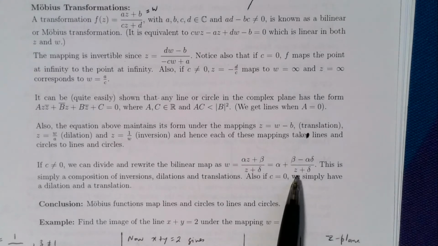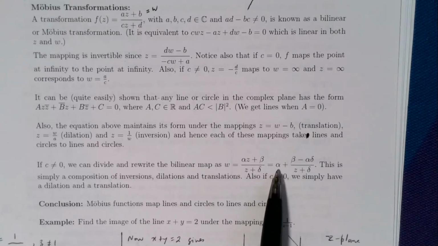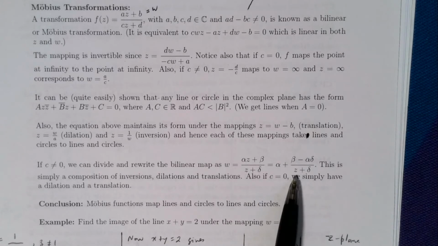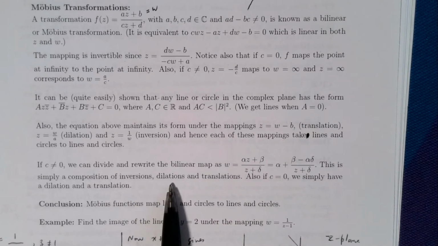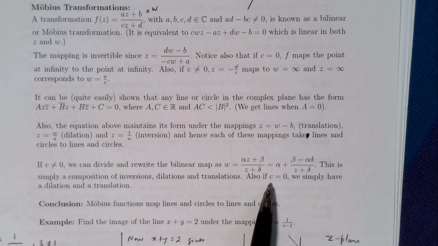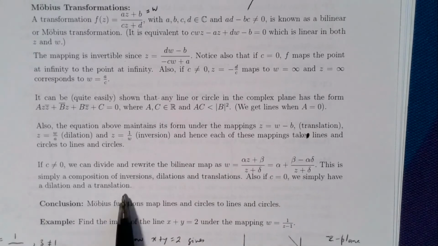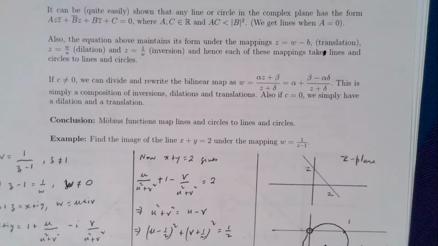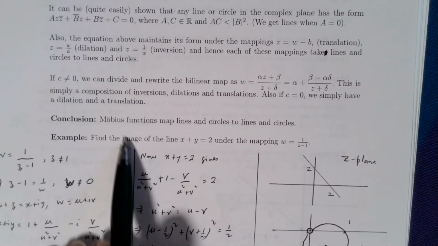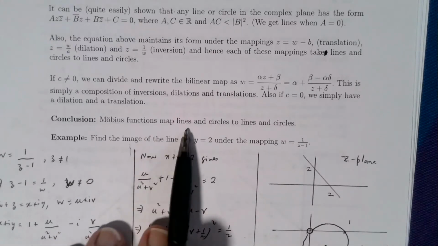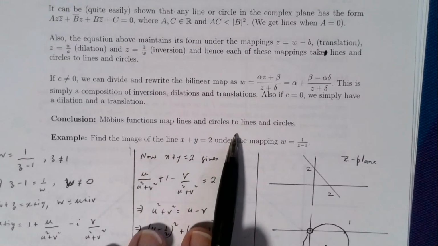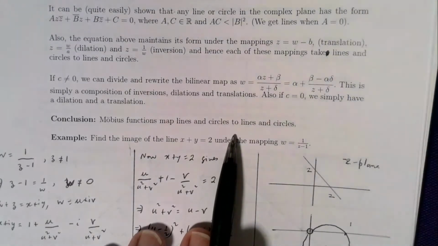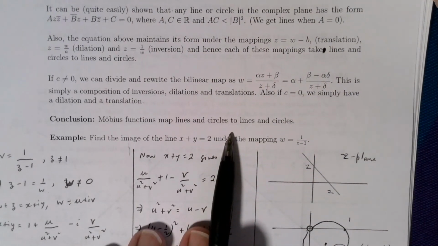And this again is simply a translation, plus an inverse, and also dilations. If c is 0, then we simply have a dilation and translation. And so again, the conclusion of this is that the Möbius transformations map lines and circles to lines and circles.